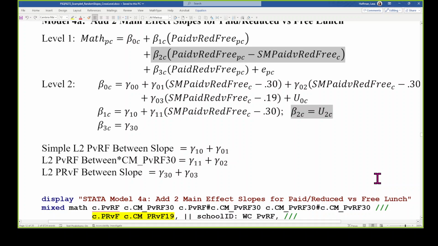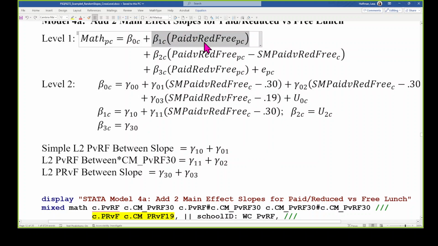So my question is, why is beta 2C a random slope, but beta 3C gets a gamma? So beta 3 right now is another variable that has the level 2 part in it. It only has a fixed effect in this model so far.